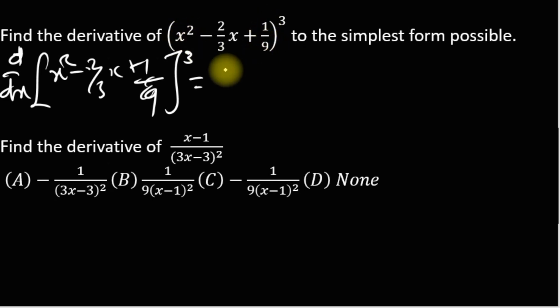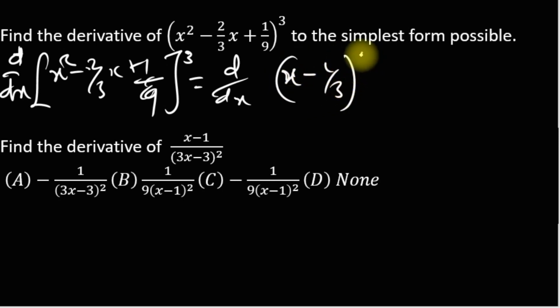This is a perfect square. So we can write this as x minus 1 over 3 all squared. If you expand this, as you can see, x squared, 2 times this is minus 2 over 3x, and 1 over 3 squared is 1 over 9. So we are still correct.